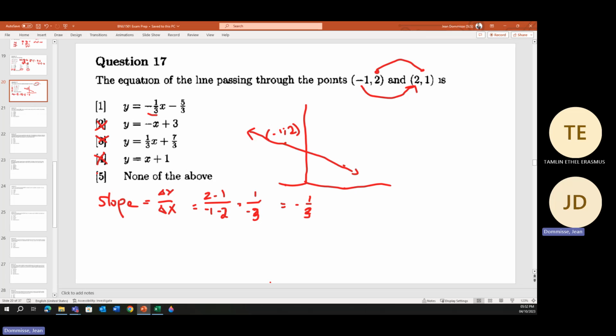and maybe. So basically at the moment we have y is equal to -1 over 3x plus c. So what we can do is any of these points we can put back into the equation to work out c. So let's use the two positives. So y is equal to 1, x is equal to 2.